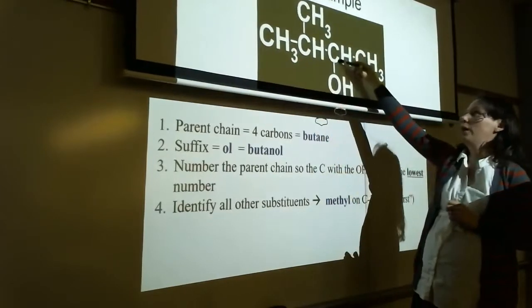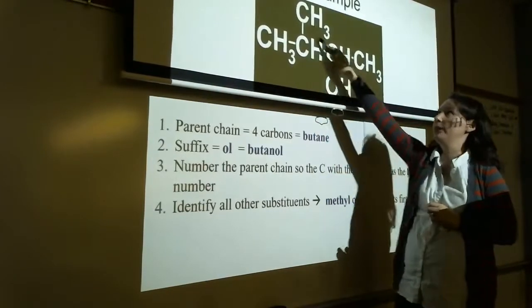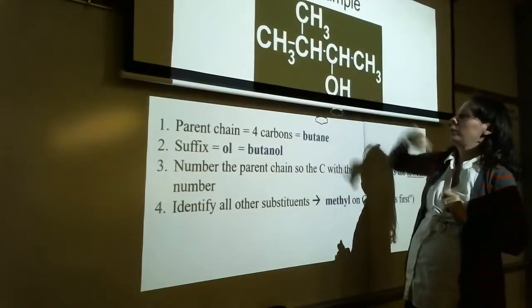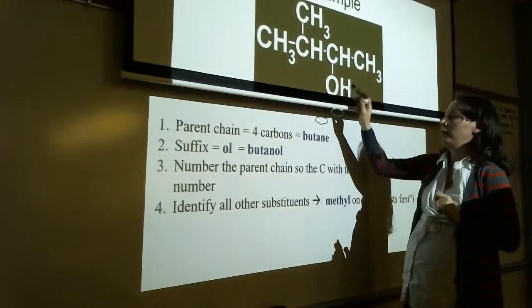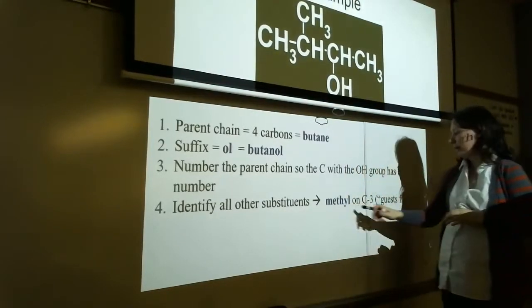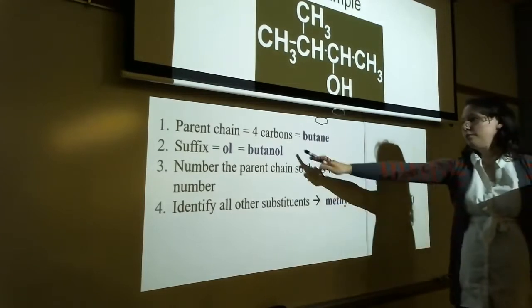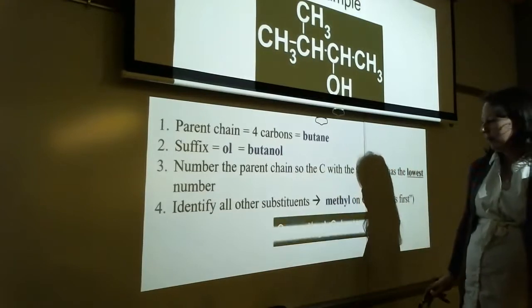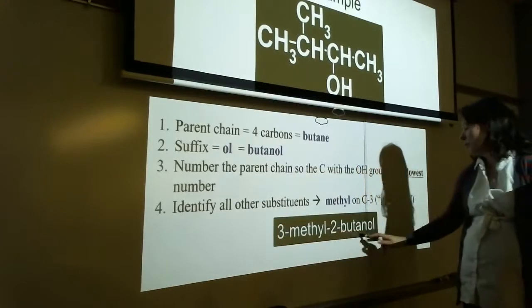The alcohol gets higher priority than any other substituent. So if that were chlorine or bromine or whatever, the OH group gets the lower number, higher priority. Now, we can then just make this suffix butanol, and then there's a methyl group on carbon 3. So the name is 3-methyl-2-butanol.